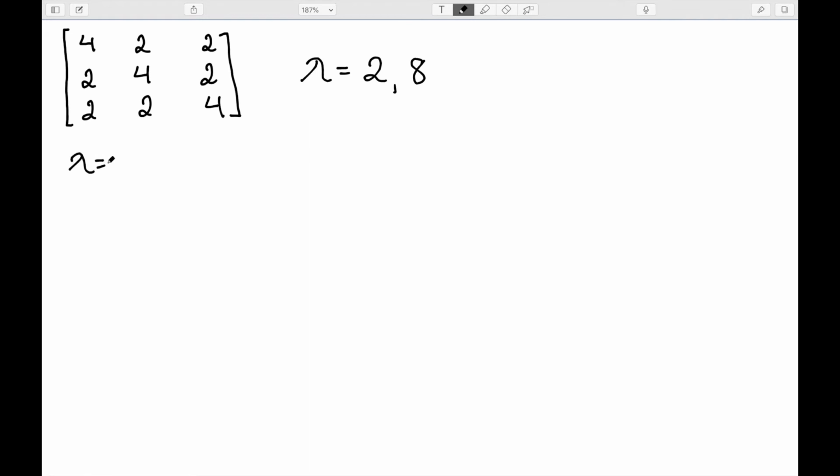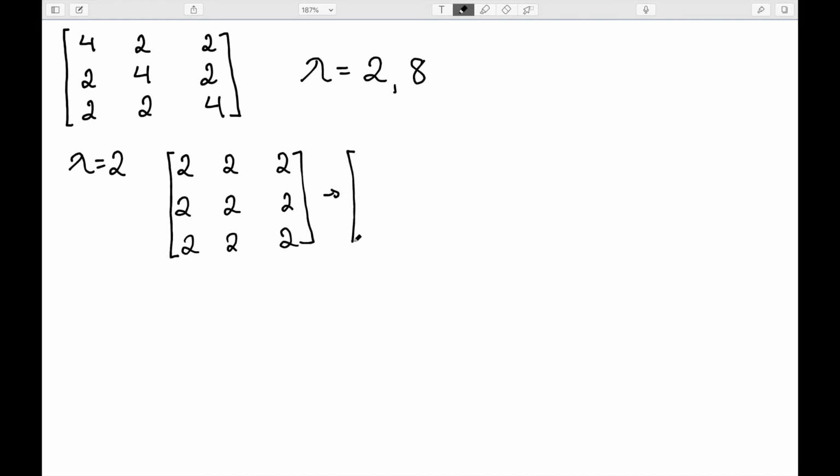So let's start with lambda equal to 2. 4 minus 2 is 2. The second row, we have 4 minus 2 is 2. And then the third row, 4 minus 2 is 2. If I were to reduce this matrix, the first row is all 1s, and the rest of the matrix is all 0s.